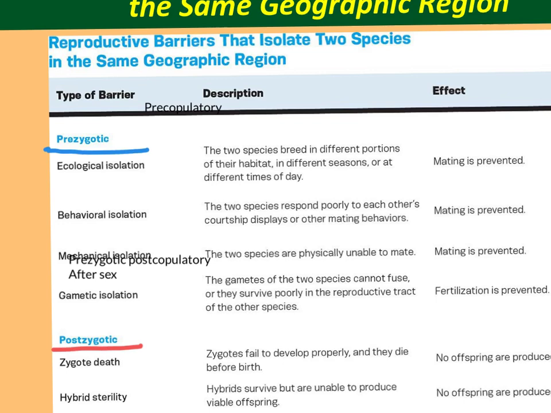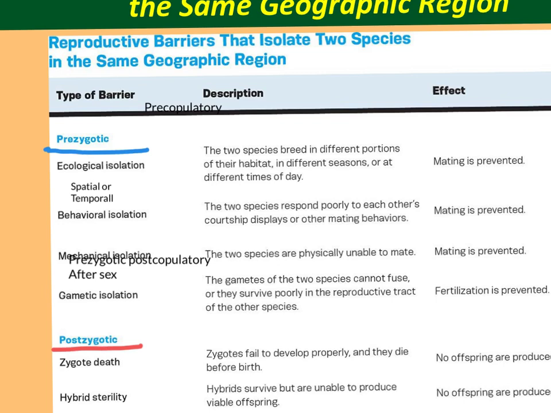So it can include spatial or temporal, different times.